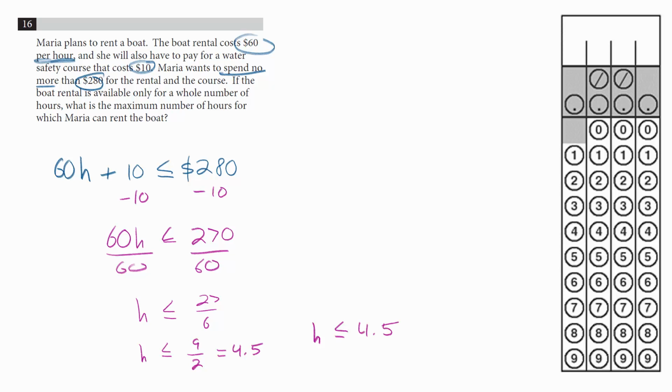But in the problem it says it can only be rented for a whole number of hours. So 4.5 isn't going to work for this boat company. If she spends 5 hours, she will spend too much money. So for this, she has to round down to 4. So this one, the answer is 4, and we bubble in 4.